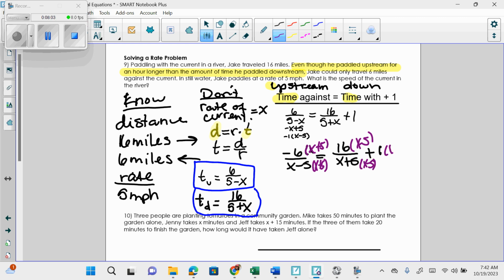And then this by both x plus 5 and x minus 5. So now the entire equation is over the same denominator, so now we can drop the denominator. Again, that's because of how adding and subtracting fractions work.